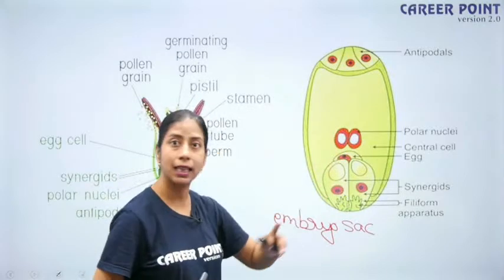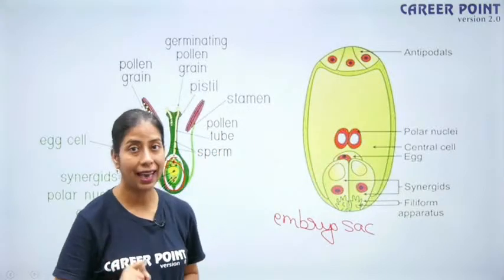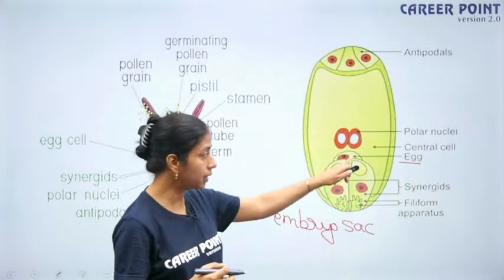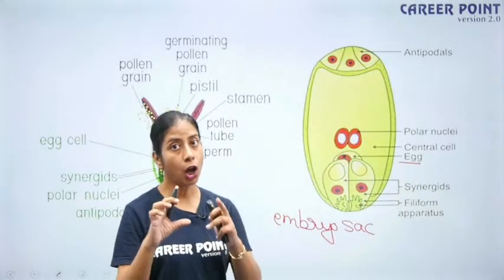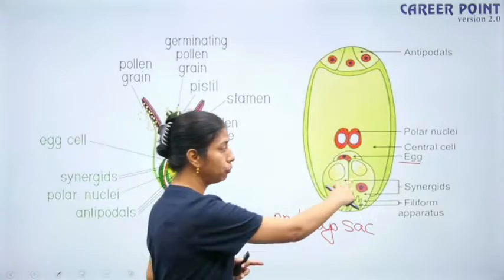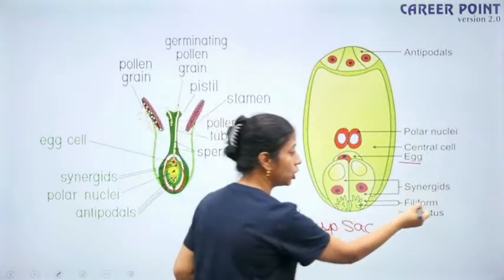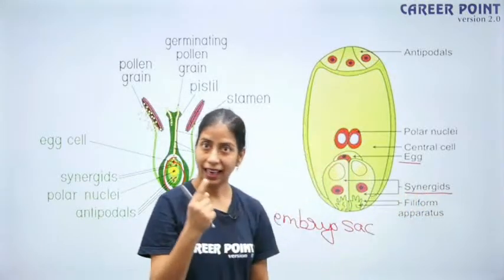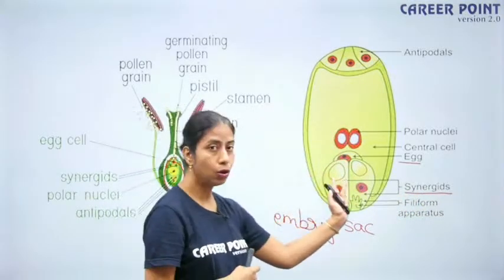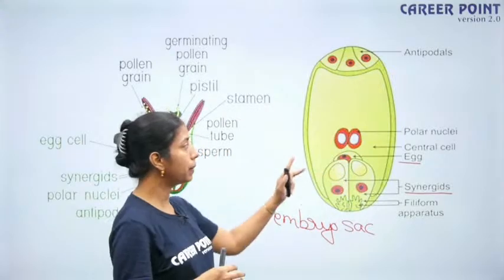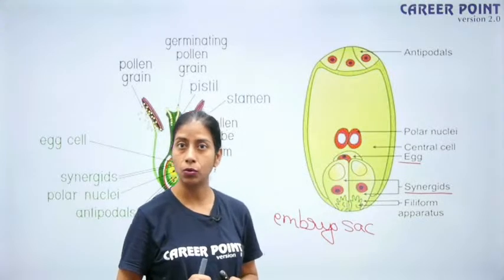हम ये क्यों पढ़ रहे हैं? क्योंकि इसके अंदर है फीमेल गैमेट which is known as egg cell. So here this is the female gamete, और इस फीमेल गैमेट के पास आप दो सेल्स देख सकते हैं, इनको कहते हैं सिनर्जिड्स. एक फीमेल गैमेट और दो सिनर्जिड्स. इनके रोल्स हम पढ़ेंगे, इसलिए मैं इस चीज को एक्सप्लेन कर रही हूं यहां पर.